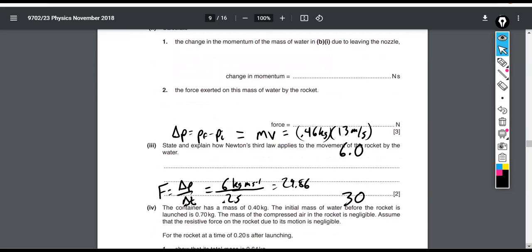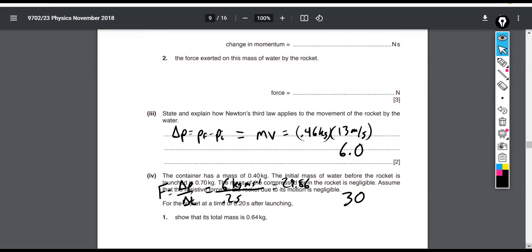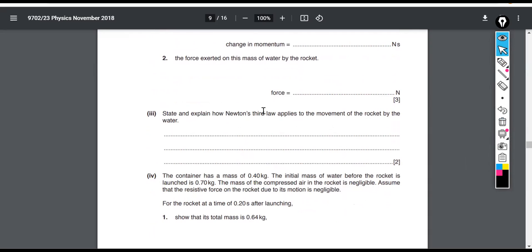State and explain how Newton's third law applies to the movement of the rocket by the water. Newton's third law says that forces exist in pairs, equal in magnitude, opposite in direction.